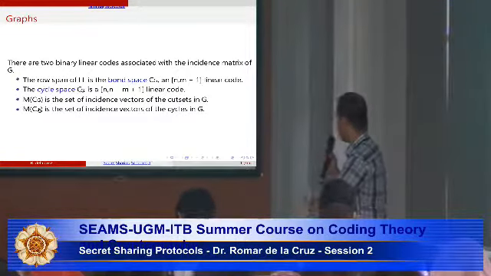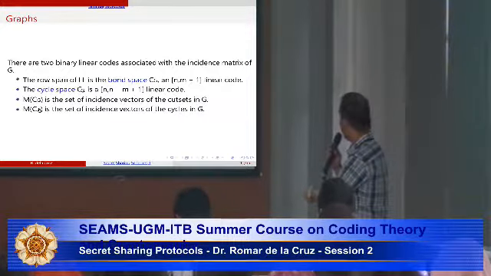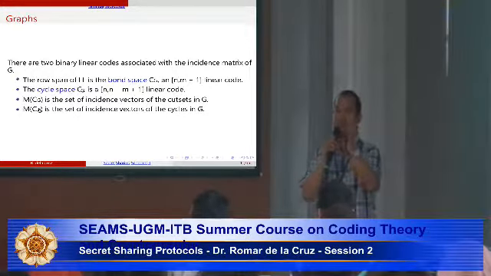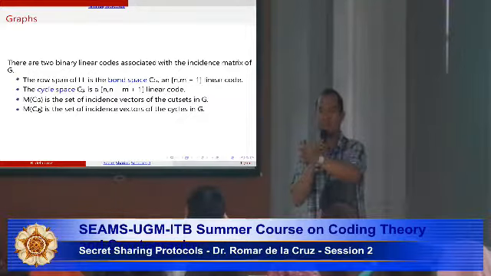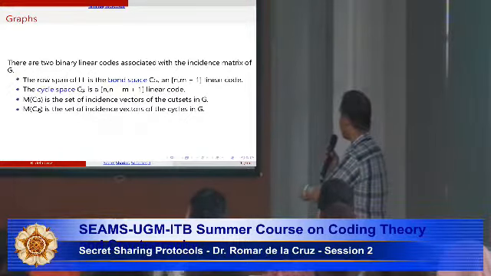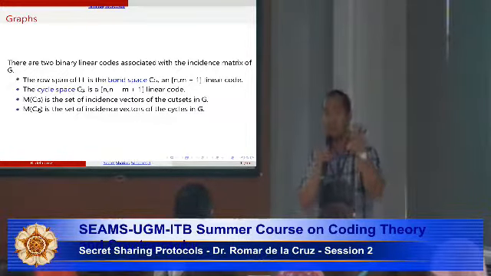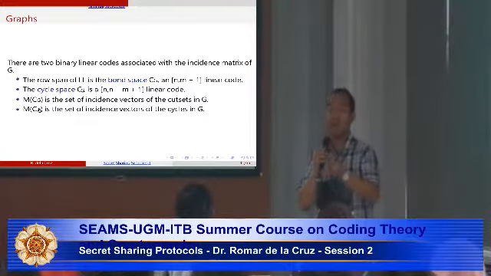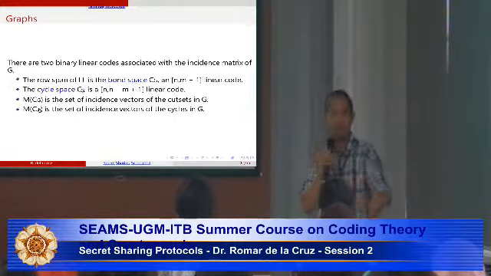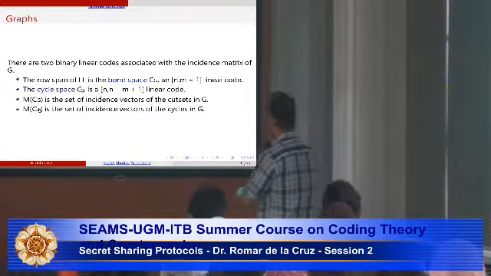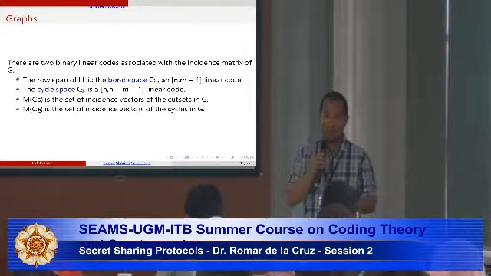Now, if you remember, the length n corresponds to the edges, so the coordinates correspond to the edges. So you can look at the code words of these two binary codes as a subset of edges, or subgraph, of the graph G.